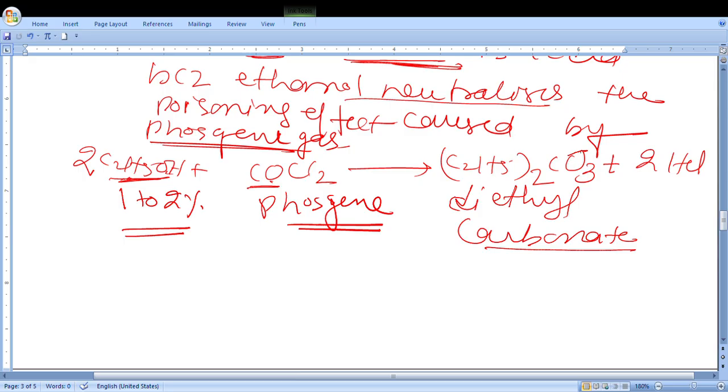Now the next chemical property will be hydrolysis of chloroform. And hydrolysis will be basic hydrolysis.